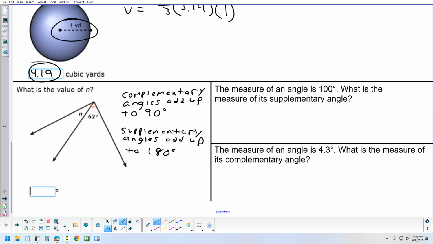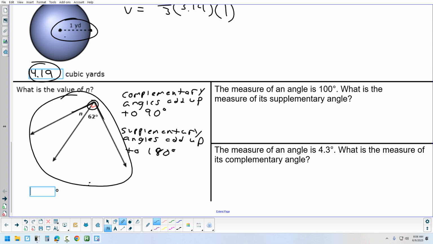Now, in this one, the two on the right, they use the words complementary and supplementary, so you know which one they want you to do. This one, they're not using that word, but they have a symbol in there that tells you which word they mean. In this problem, are they asking about complementary or supplementary? Complementary, because this symbol right here means that these angles make a 90.